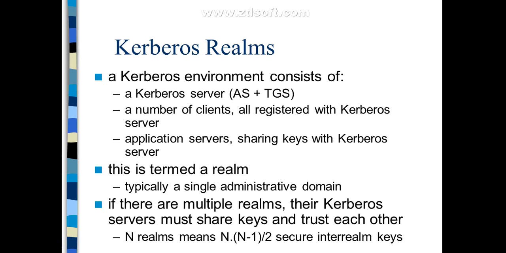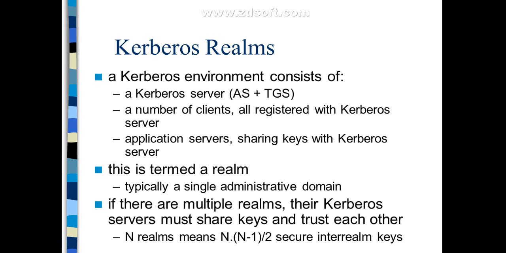I'll just explain a few things here. Assume one real-time scenario. Kerberos version 4 is similar to being a computer science student. If you want a service, assume yourself as a client, so the student is a client.